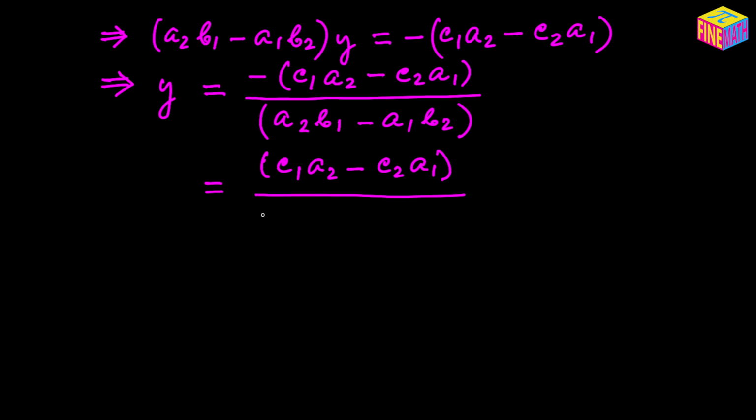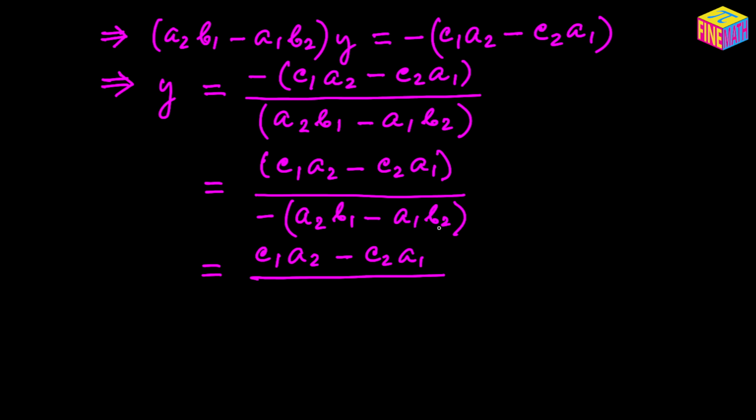In the denominator, it will be negative of whatever we had, a sub 2 b sub 1 minus a sub 1 b sub 2, so a sub 1 b sub 2 will become positive and a sub 2 b sub 1 will become negative. So I am going to first write a sub 1 b sub 2 minus a sub 2 b sub 1. So this is the new value of y. I am just simply going to write it here, y is equal to that, right? And then let me highlight this.